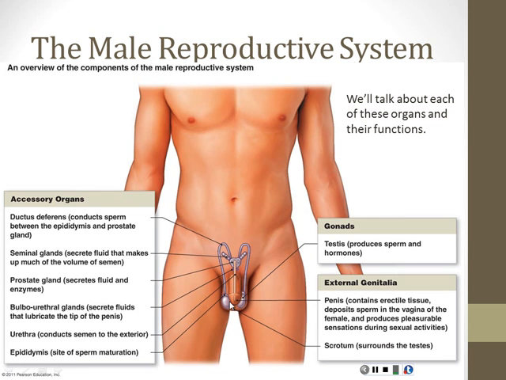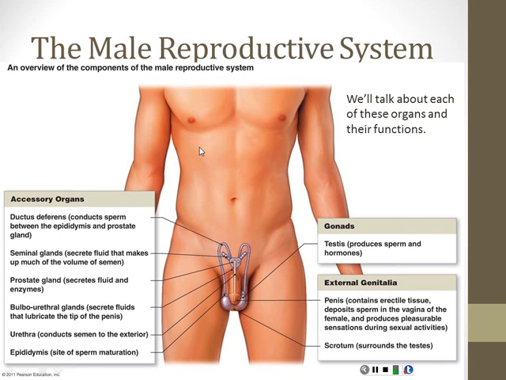So for the male, the gonads are the testes. Then we have the external genitalia, the parts of the reproductive tract that you can see. And then we have the accessory organs. Accessory organs don't produce gametes, but without them, the reproductive system can't function.